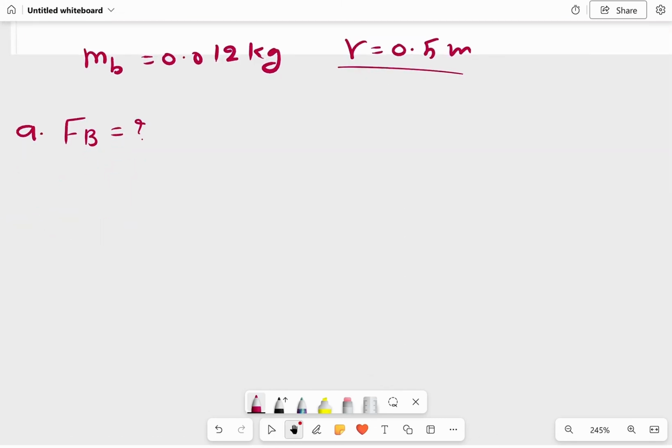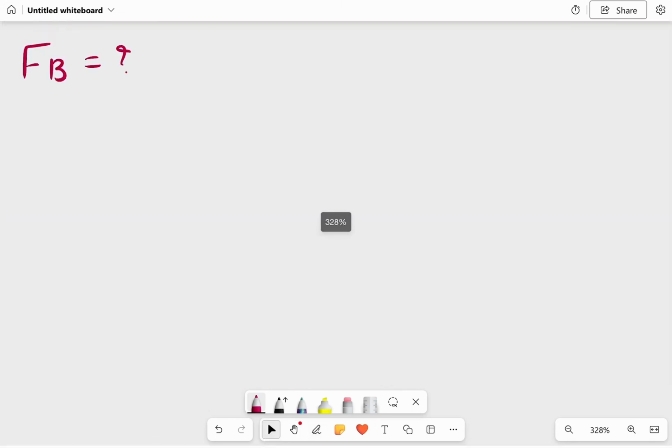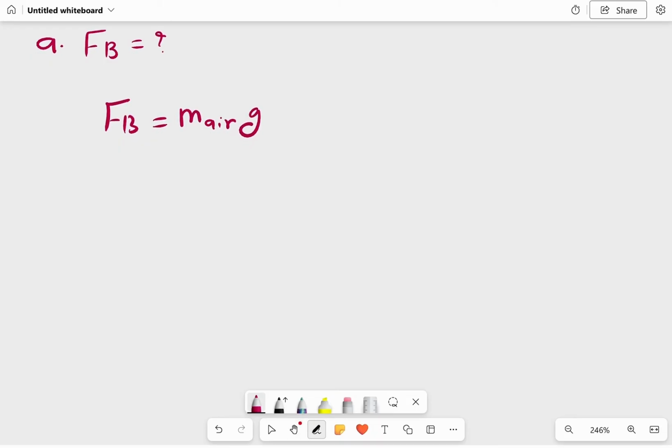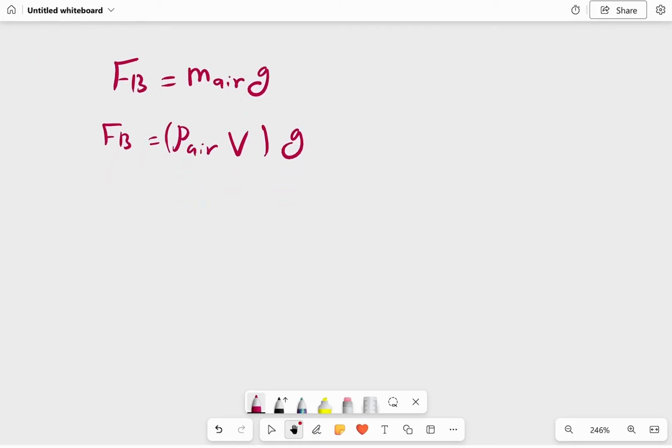Now, as you remember, we said FB is equal to mg, which is the mass of the air multiplied by gravitational acceleration. Now, as you remember, we said mass is equal to density of air multiplied by V, and then multiplied by gravitational acceleration.